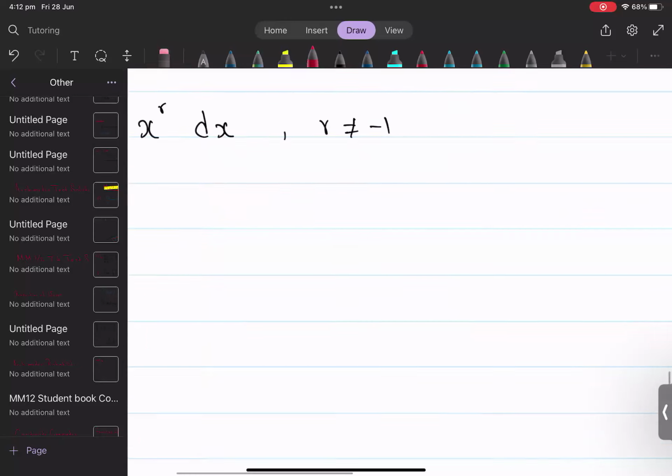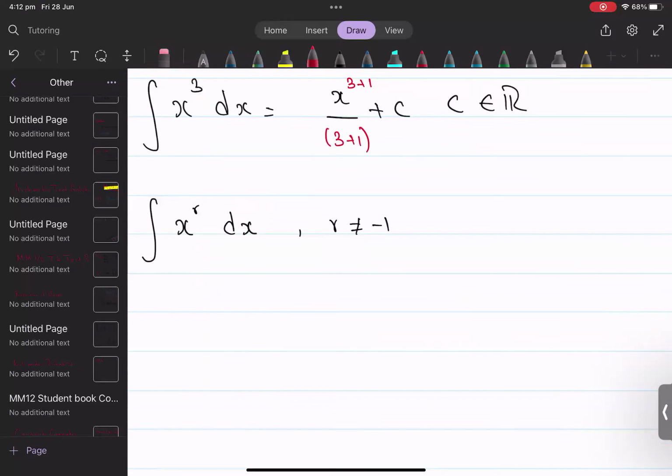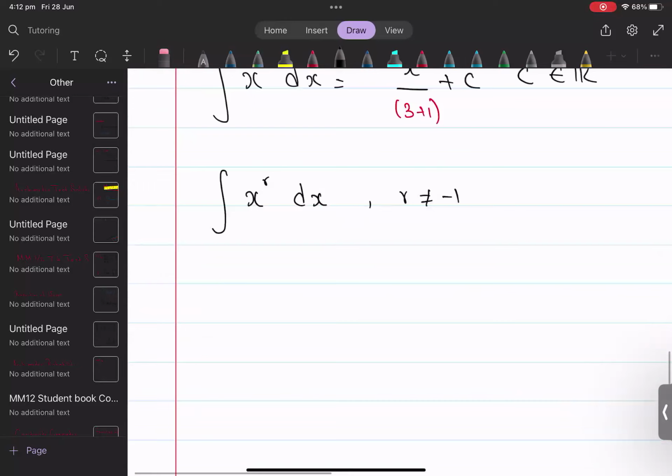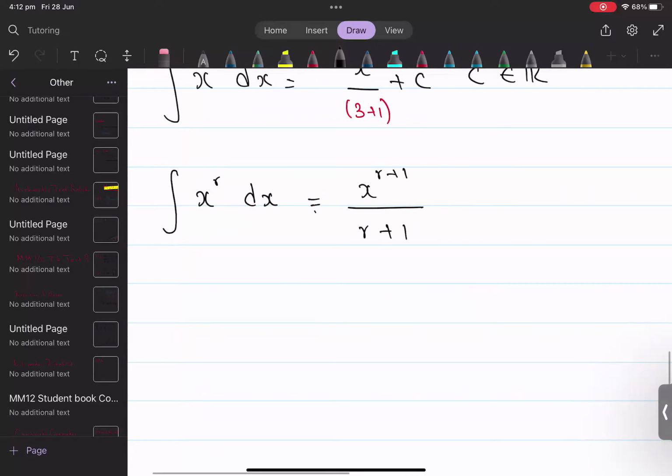This is equal to, if you haven't already worked this out, well, here we go. The antiderivative of x to the power of r with respect to x is equal to x to the power of r plus 1 all over r plus 1. And remember, r here cannot be equal to -1.